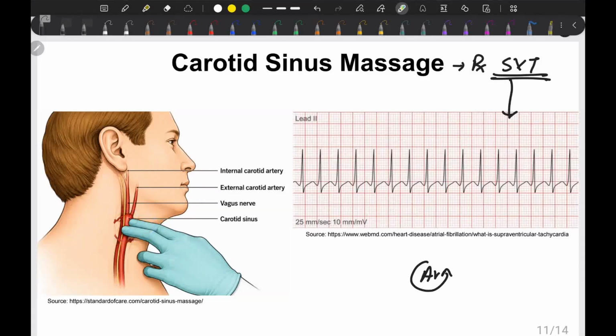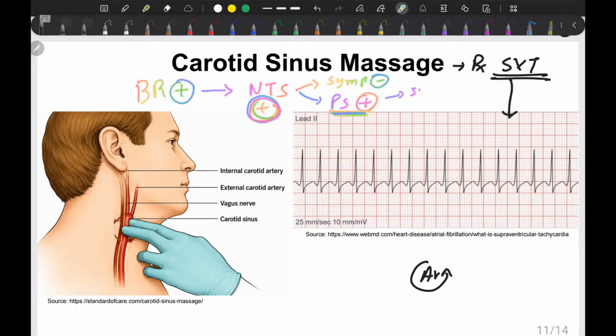There will be a stimulation of the baroreceptor, and whenever you stimulate the baroreceptor, it will stimulate your nucleus tractus solitarius. And we have seen that nucleus tractus solitarius stimulation means two things. One is indirect inhibition of the sympathetic system, and there will be a direct stimulation of your parasympathetic system. The parasympathetic system supplies your SA node and your AV node, so whenever you stimulate it, there will also be parasympathetic vagal stimulation at the AV node.